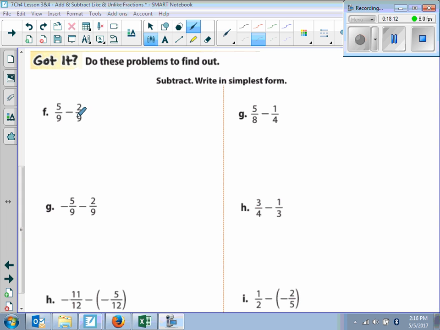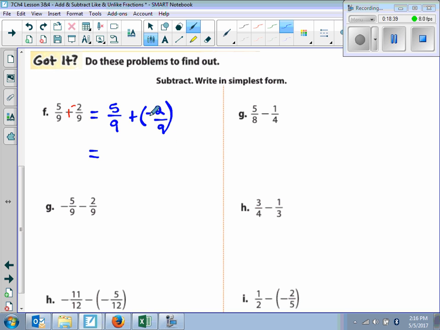So here we have example F. We're going to do leave it, change it. So when I rewrite, this is going to be equal to 5/9 plus a -2/9. Is everybody clear with that?